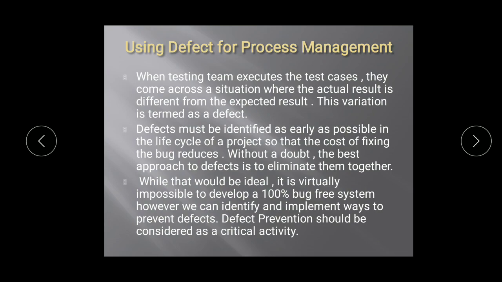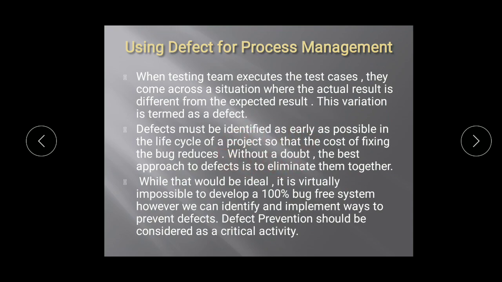This variation is termed as a defect. Defects must be identified as early as possible in the life cycle of a project, so that the cost of fixing the bug reduces. The cost required for solving the problem becomes less.